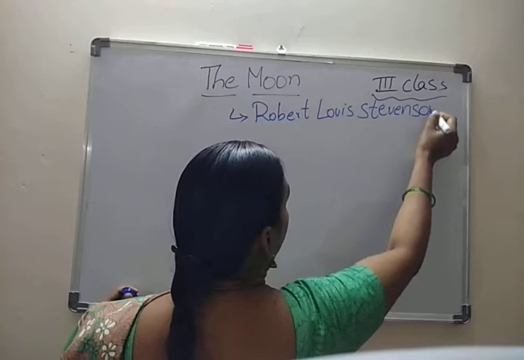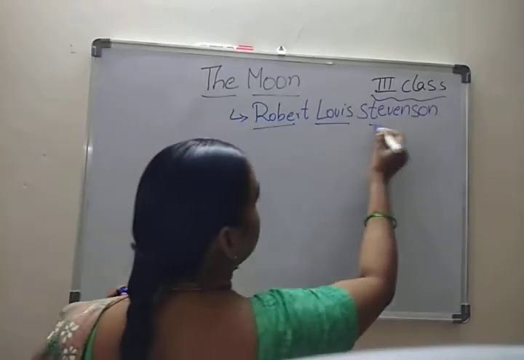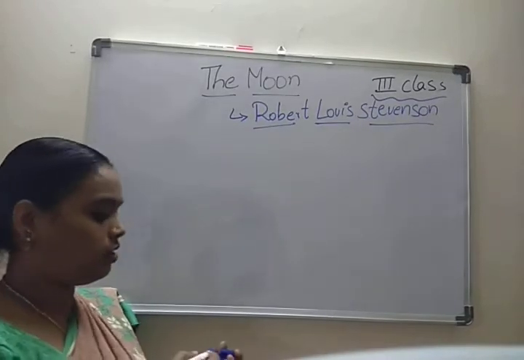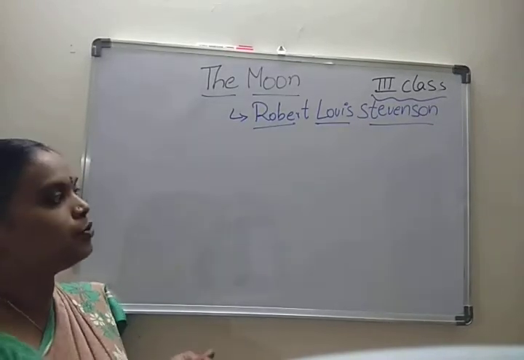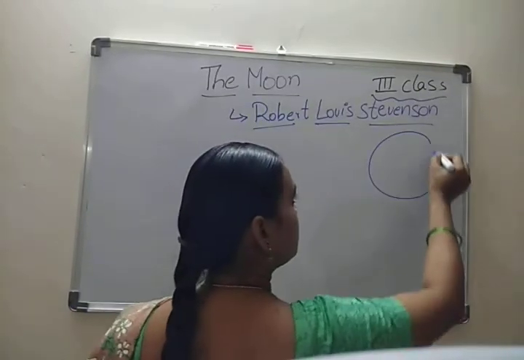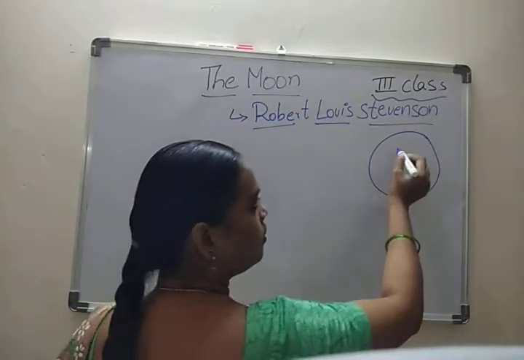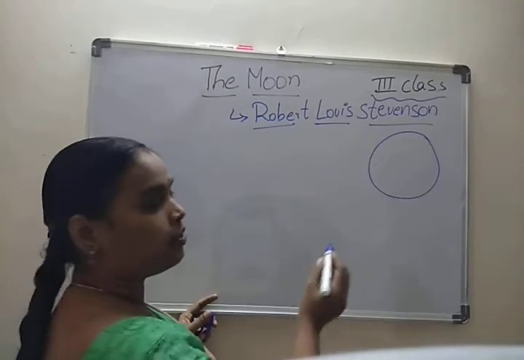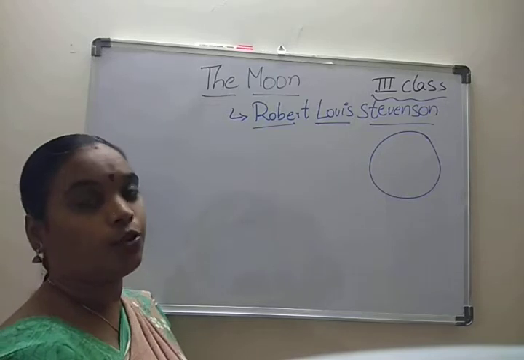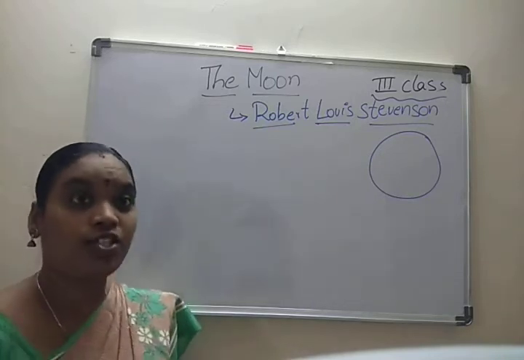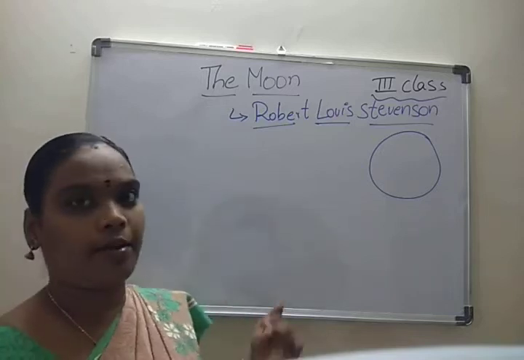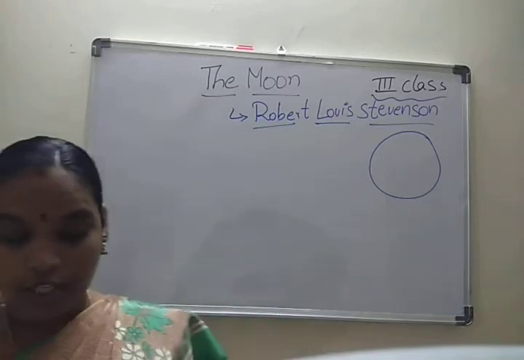He was the poet of the moon. How do you like the moon, children? This is the moon. Not only a circle, it has so many shapes. Yes, it changes its shape day by day. So now, coming to our poem.